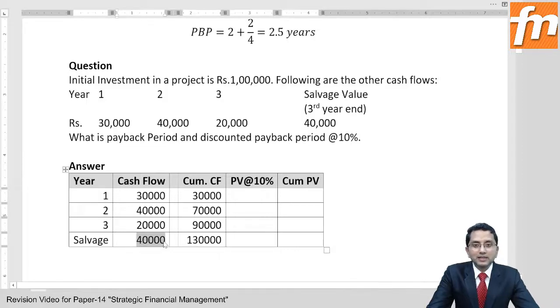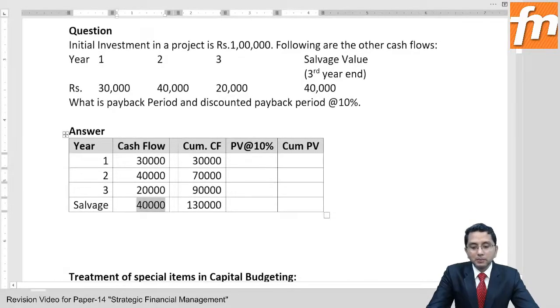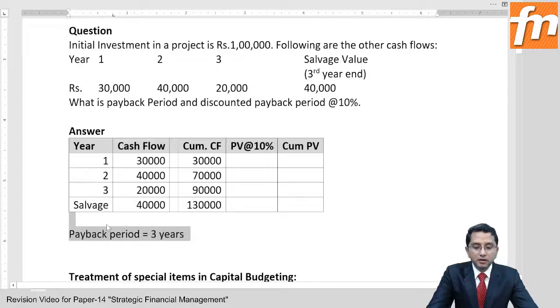And if I'm using salvage value, my payback period is for sure 3 years. Full 3 years. Moral of the story: if you need to take salvage value to recover initial investment, payback period is equal to life of the project.